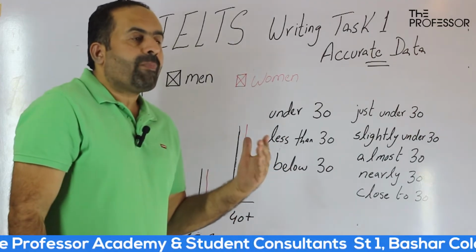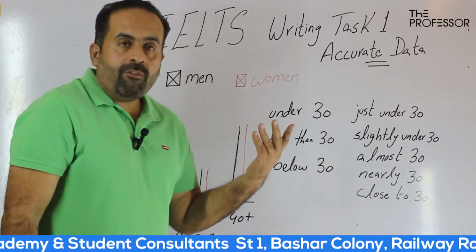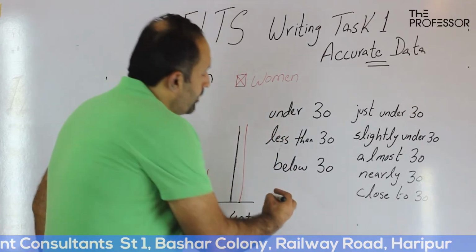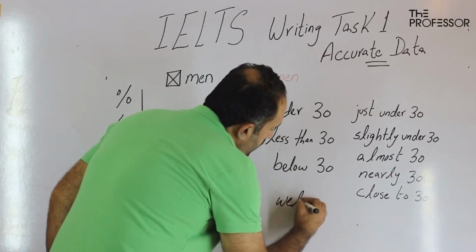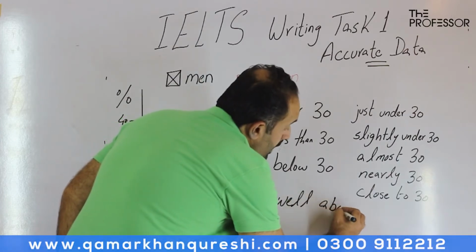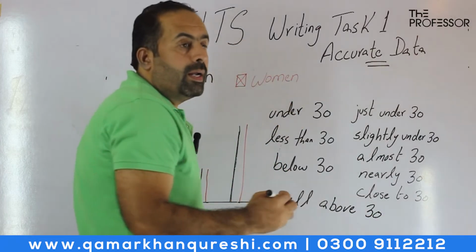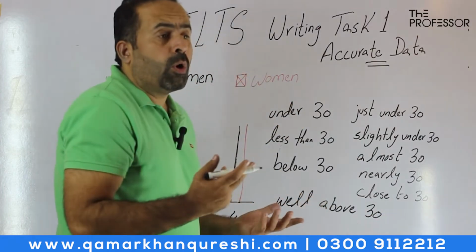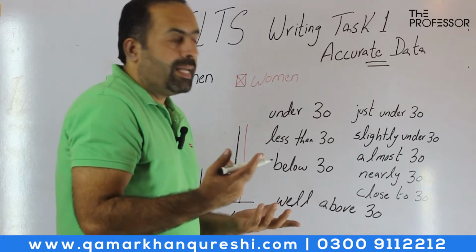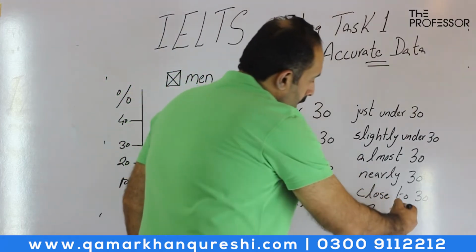Well, if something is above 30, if something is more than that, you can write well above 30. Or you can also write considerably less than 30, which I missed here.